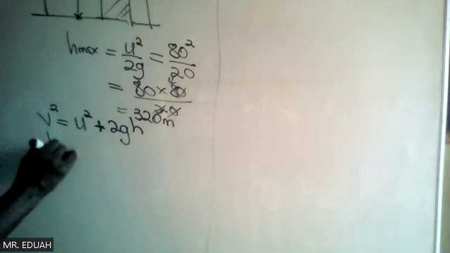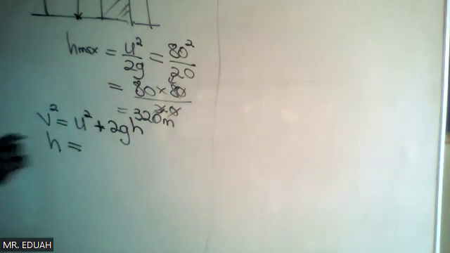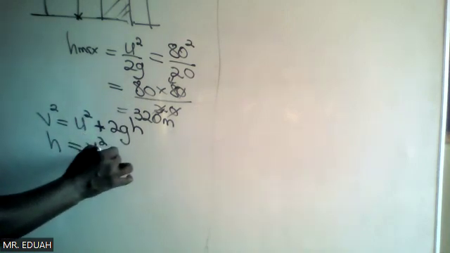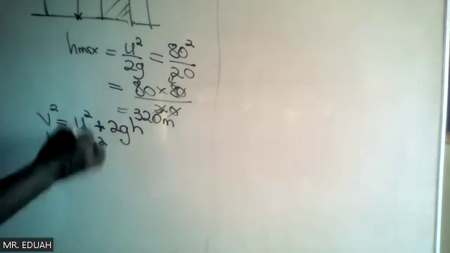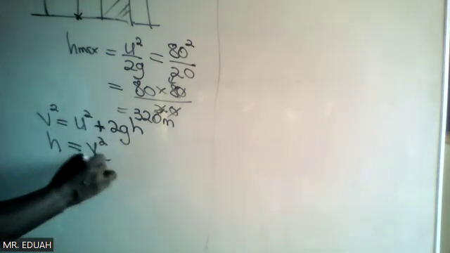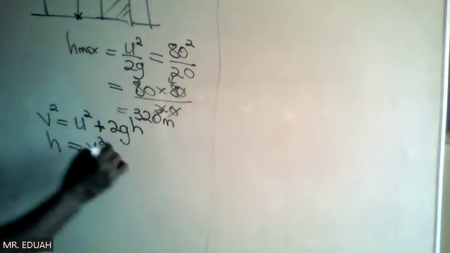So h would be equal to v squared over 2g, because u is 0.